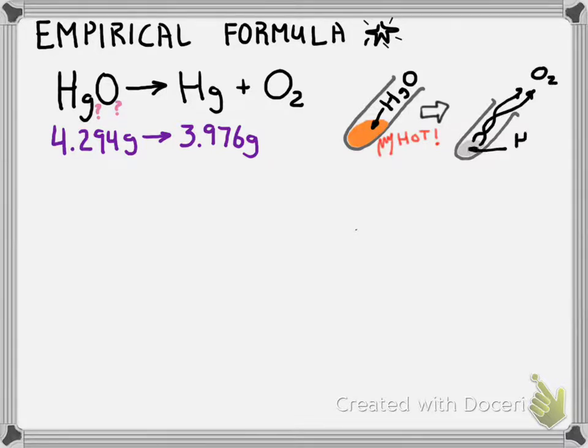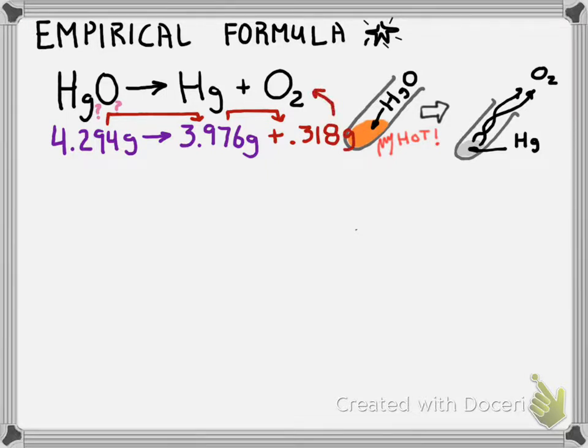The oxygen goes away into the air, so there isn't any really good way to weigh that. But you can weigh what you had before, and you can weigh the amount of mercury you had afterwards. So the mass goes down, and the amount that the mass goes down is equal to the amount of oxygen in this reaction. So it's pretty simple to get the oxygen, just by subtracting the amount you ended up with from the amount you originally had.